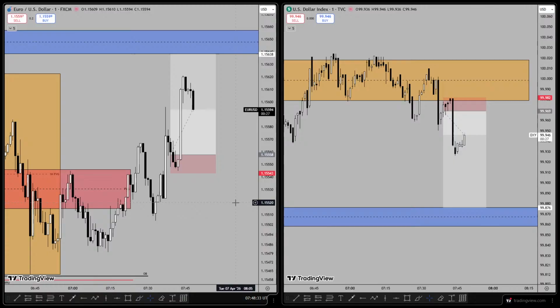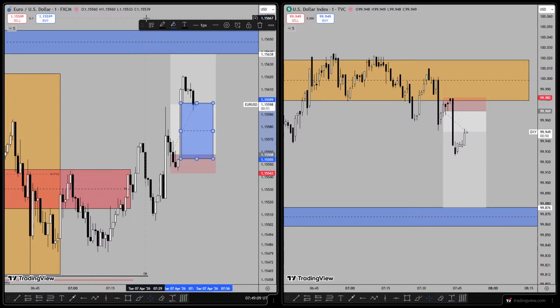So we're looking for a continuation in price trading higher. Price is retracing to the 1 minute fair value gap.